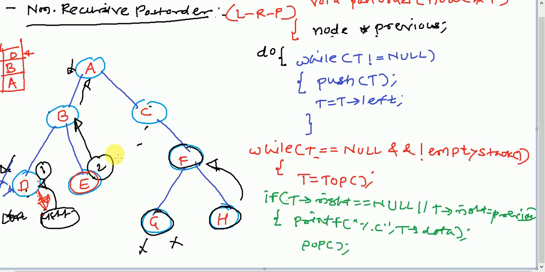Then I will mark the currently visited node, D. Before proceeding further, we'll mark previous equal to the current visited node. And then here we will make T null, because again we want to enter the while. So this completes the if.